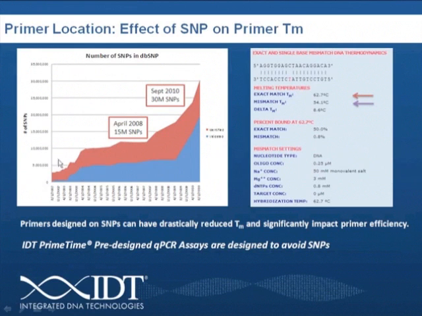So any assays that were designed based on sequence information in the early 2000s are likely based on sequence information that has not been updated with the number of SNPs that have been incorporated in the database now. IDT PrimeTime pre-designed assays are designed to avoid SNPs because we are using up-to-date current SNP information.